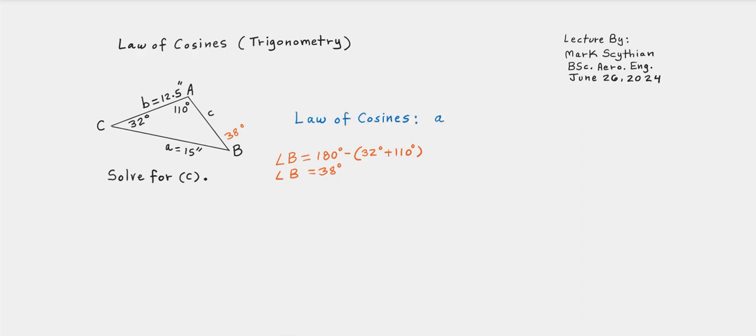So next we present the law of cosines. So if we want to know the value of side little a, just like we start the Pythagorean theorem with the b squared plus c squared.